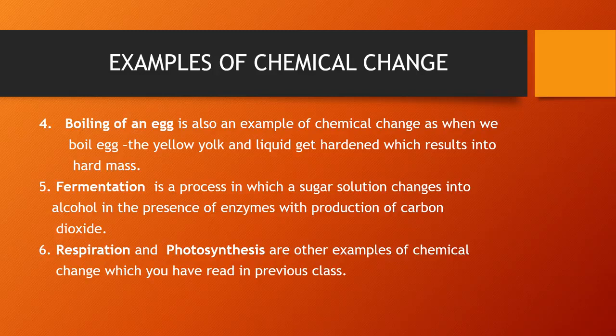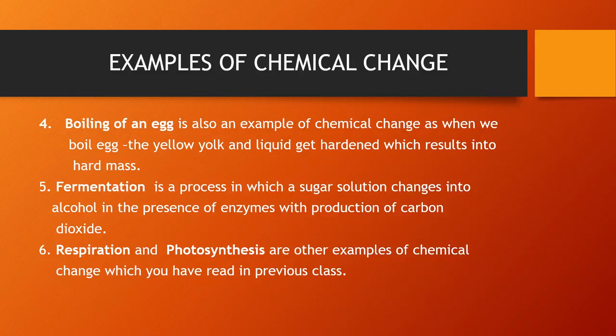The next example is fermentation. Now what is fermentation? That is a process in which a sugar solution changes into alcohol in the presence of enzymes with production of carbon dioxide. I repeat the definition. Fermentation is a process in which a sugar solution changes into alcohol in the presence of enzymes with production of carbon dioxide.